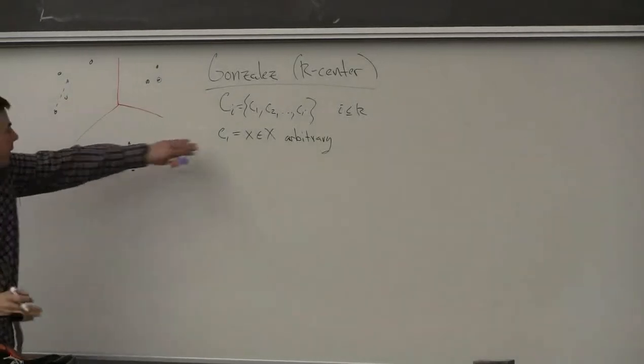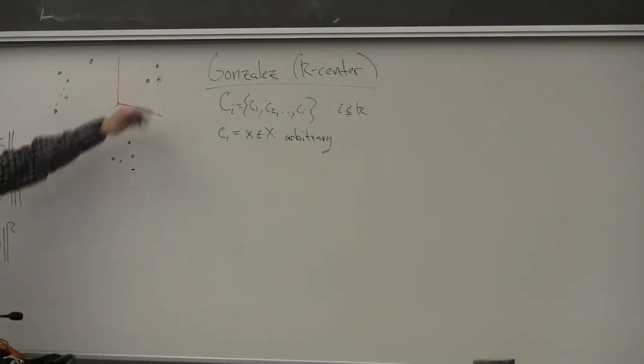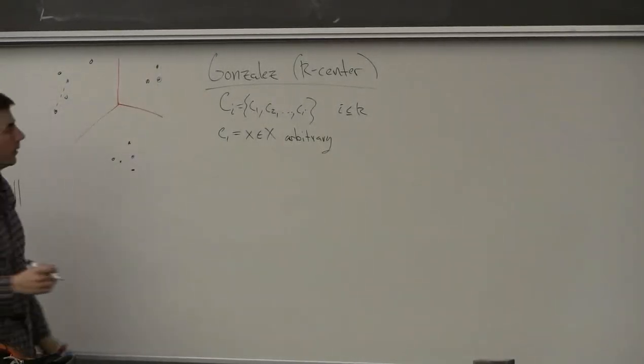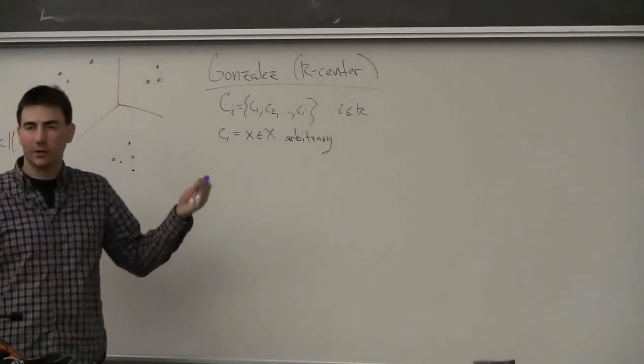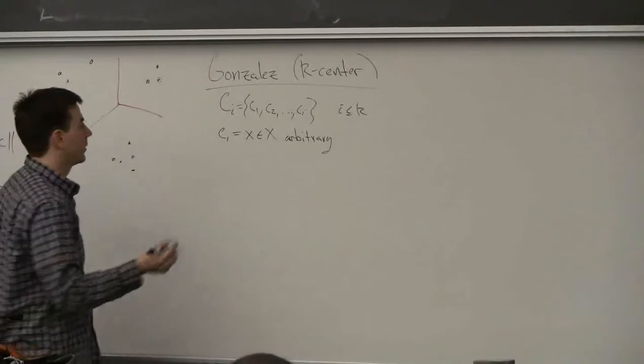This is going to be our first center. That could be, say, this one right here. You can pick at random, or the first one in your data set, whatever ordering you want.